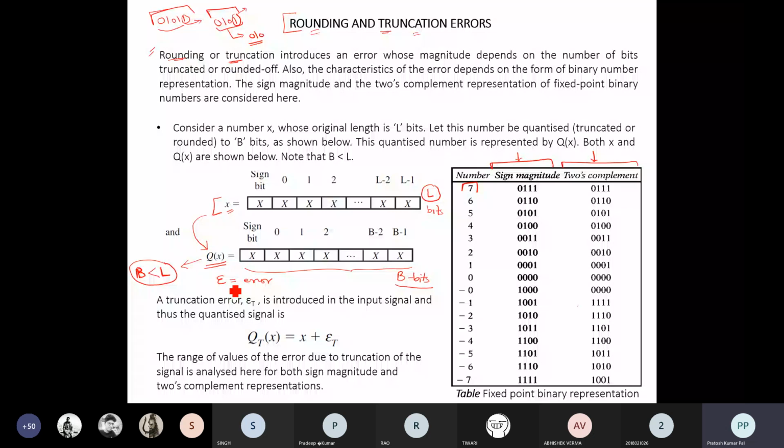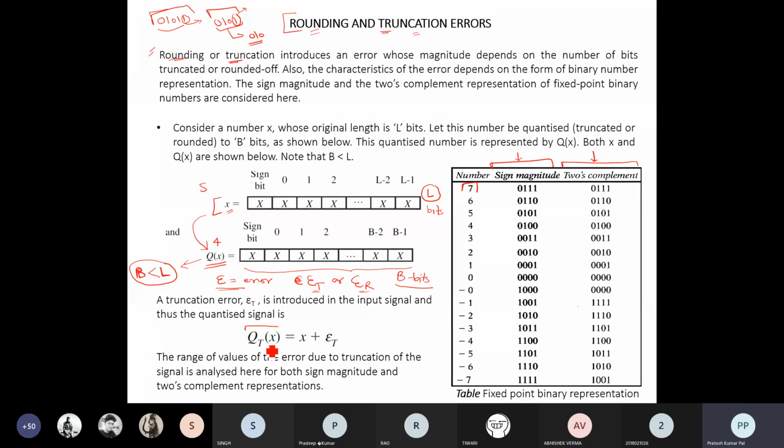Now, what is the quantization value in terms of truncation? Say this is the representation, 5, and after quantizing, this value gets the value 4. So what is this 4 value?